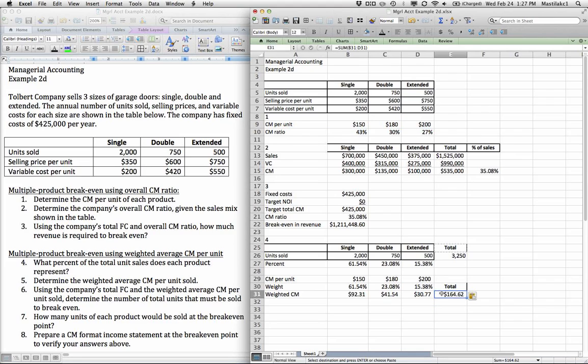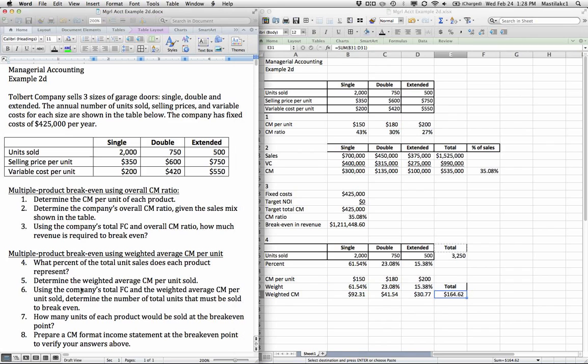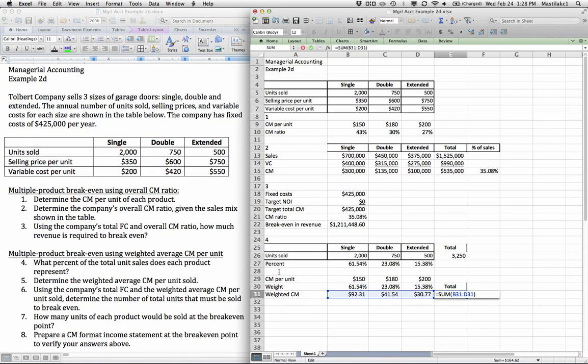So this is sort of a hypothetical unit that represents, if you picked one at random, what would the expected contribution margin be, given the fact that we have a 62% chance of selling a unit that has $150 of CM, a 23% chance of selling a unit that has $180 of CM, and a 15% chance of selling a $200 CM unit. So you put those expected percentages together, and it says that our weighted contribution margin on average is $164 per unit. So that's requirement 5.